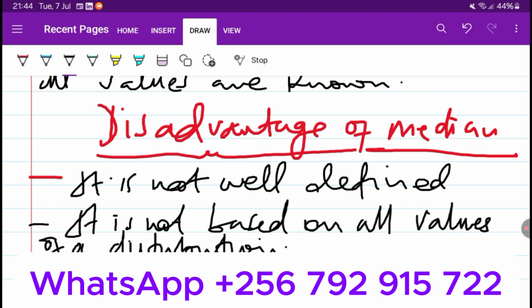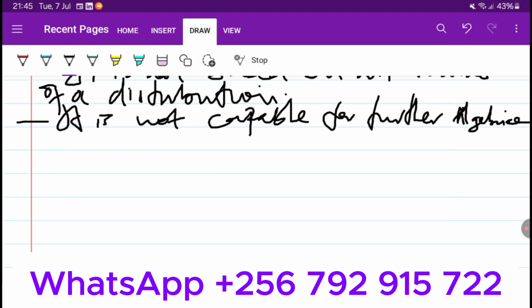Then the other disadvantage is that it is not capable of further mathematical treatment, further algebraic treatment.